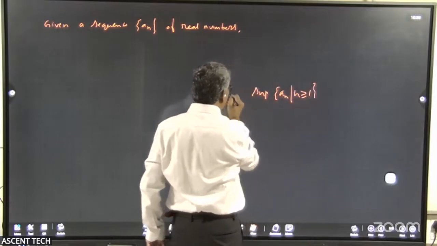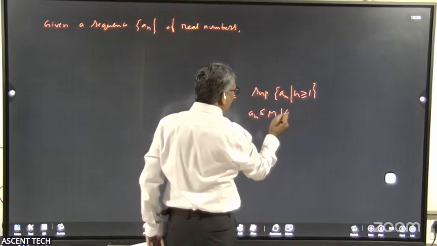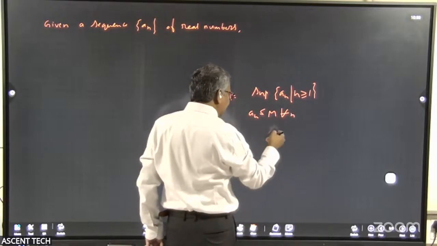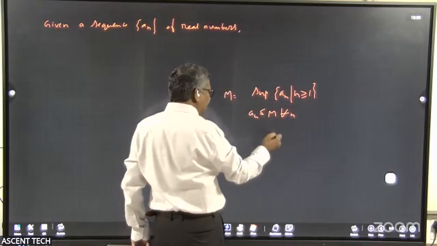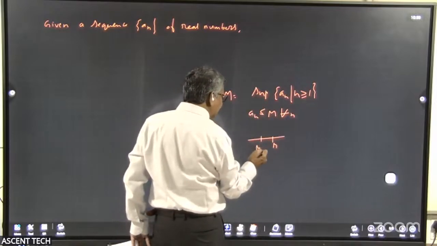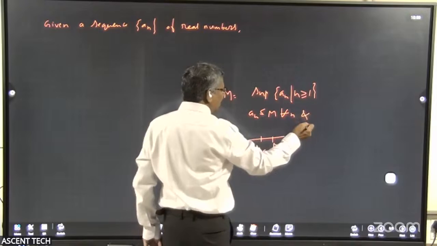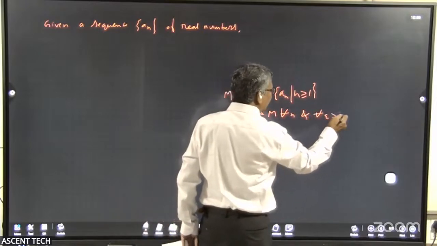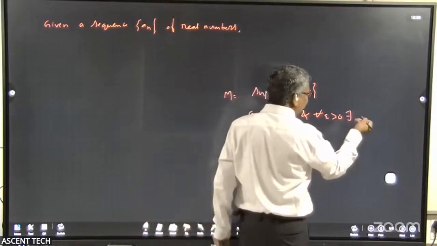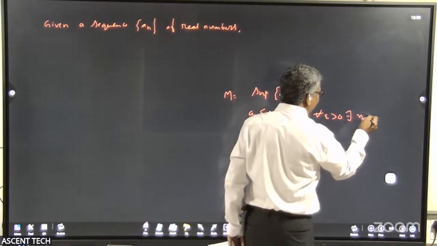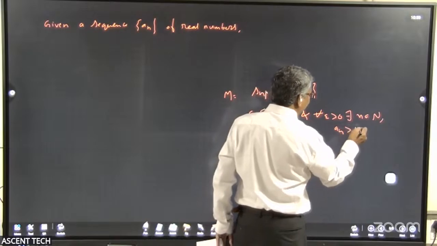First, the supremum. M is a number such that an is less than or equal to M for all n. This is the least upper bound. If I go below M, some of the an's will cross. So for every epsilon greater than 0, there exists an n in the natural numbers such that an crosses M minus epsilon.